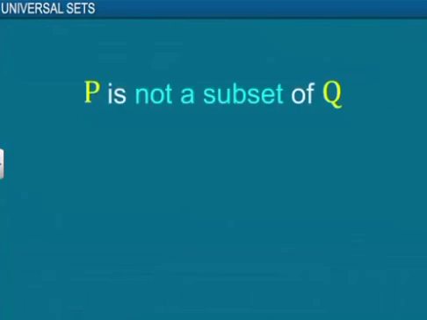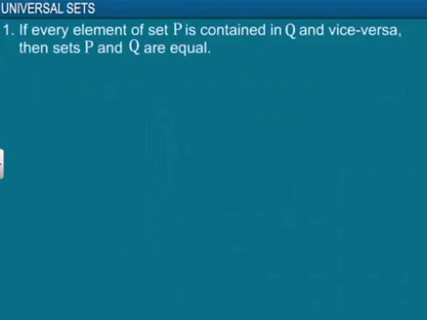If a set P is not a subset of set Q, we can represent this with the help of the symbol shown. If every element of set P is contained in Q and vice versa, then sets P and Q are equal.